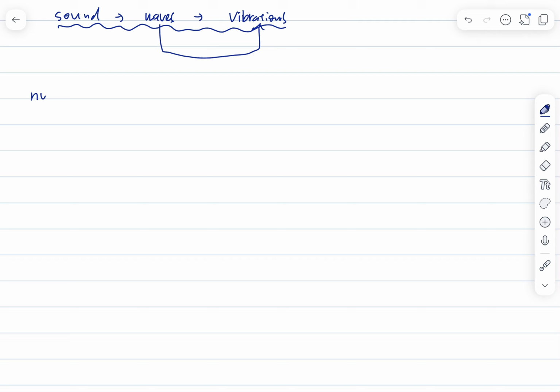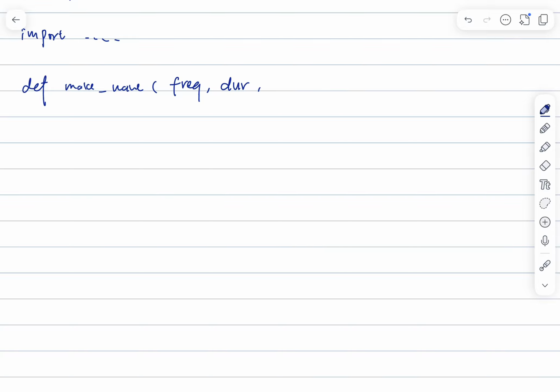You're going to take a frequency, which determines what note it's going to be, and the duration of the sound, and then the wave type, and then the sample_rate, and then the amplitude.